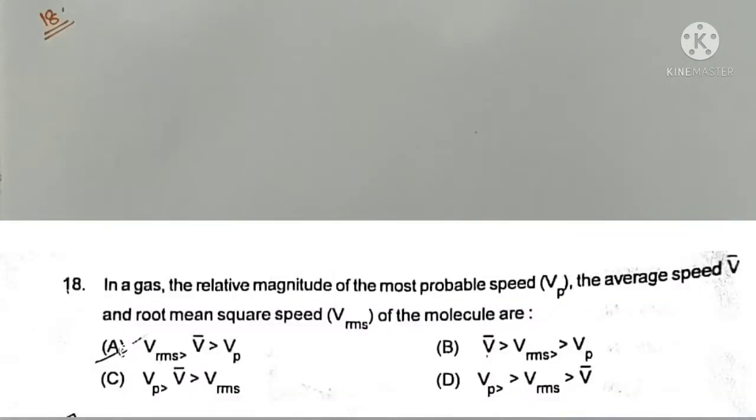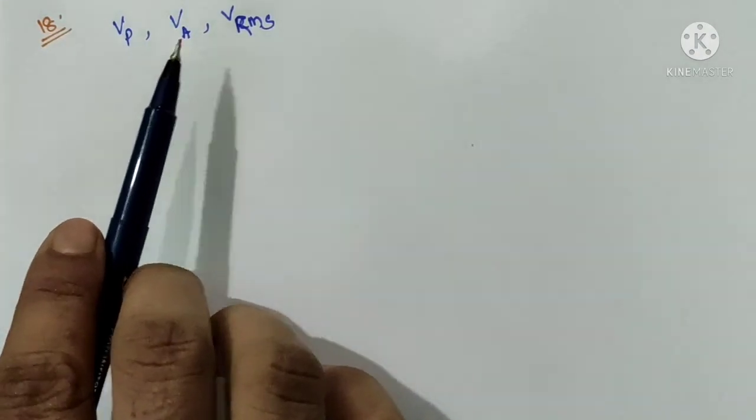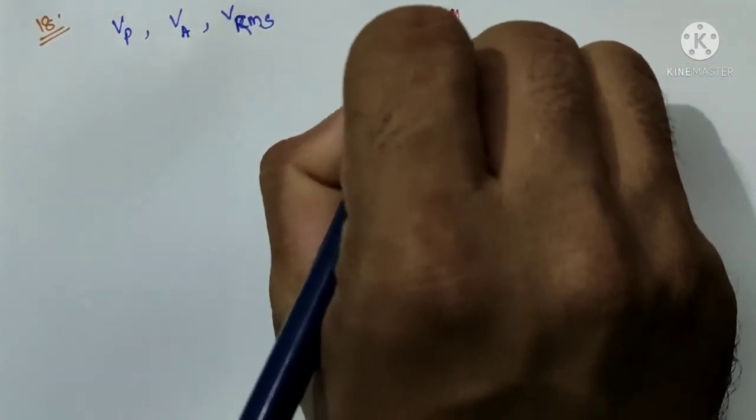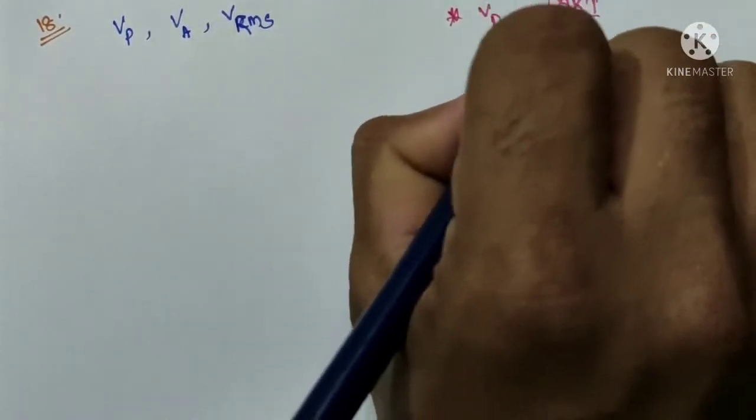Question number 18. In a gas, the relative magnitude of the most probable speed, the average speed, and the root mean square speed of the molecules are. So we have to express in order of their magnitude most probable, average and RMS speed. And we know that most probable speed is given by square root under 2 kT by m.